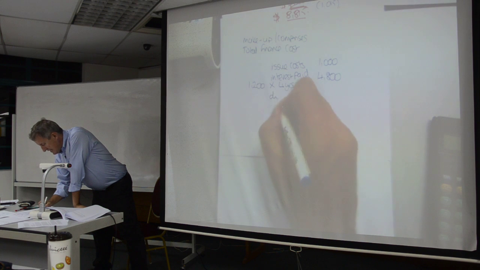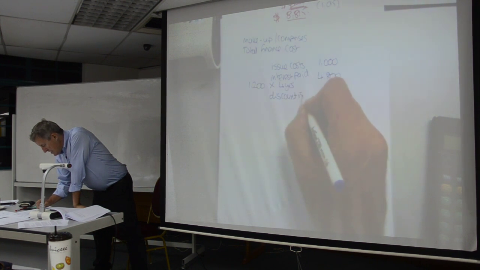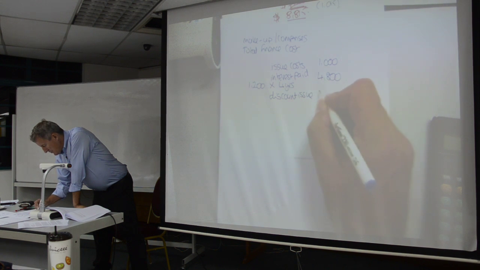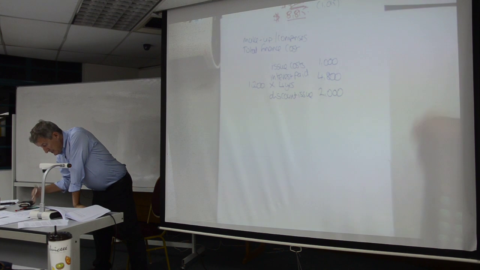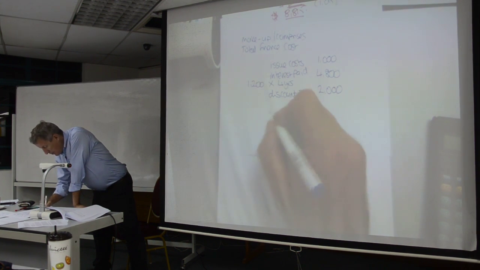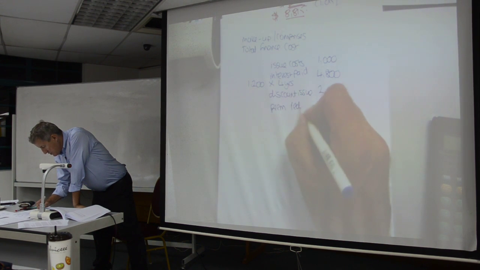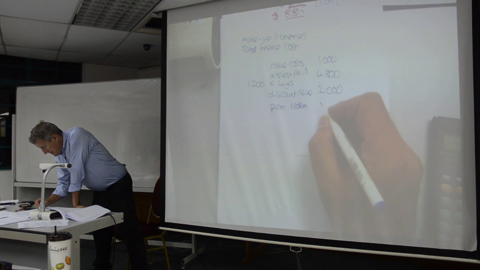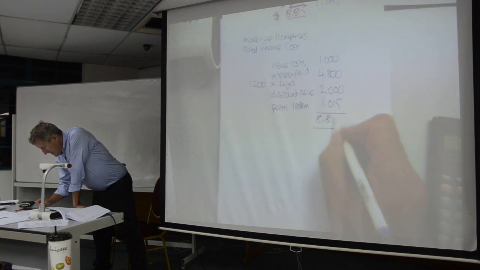So the discount on the issue, and the discount on the issue was 2,000. Still doesn't add up. The premium on the redemption, and the premium on the redemption is 1015. Looking good to me. Yep. 8815.